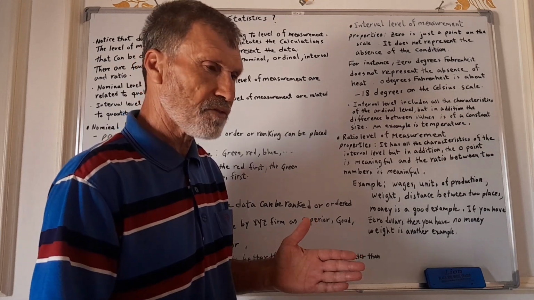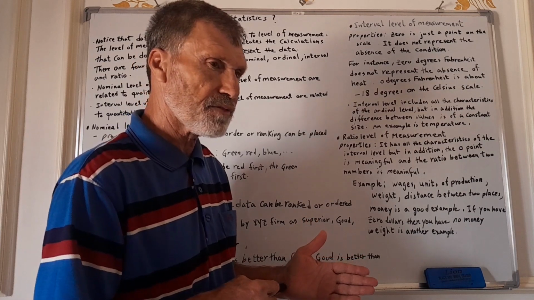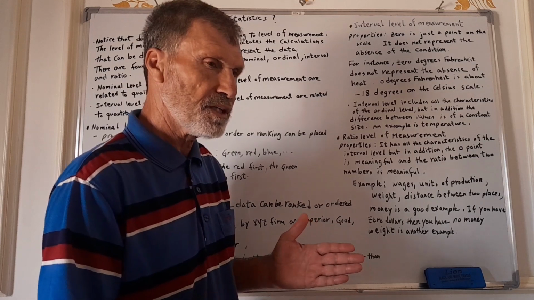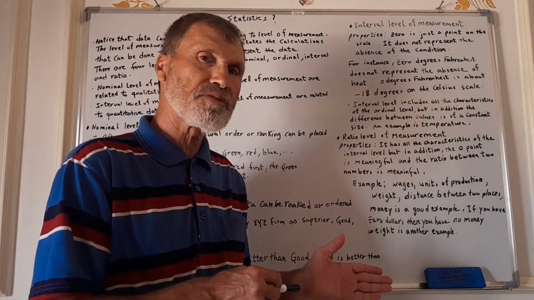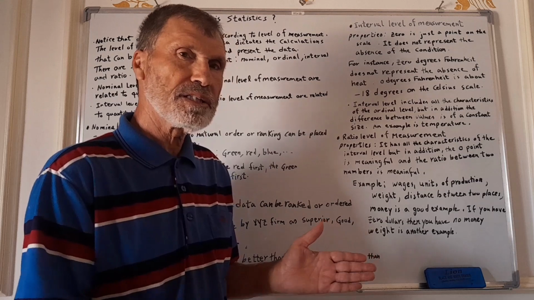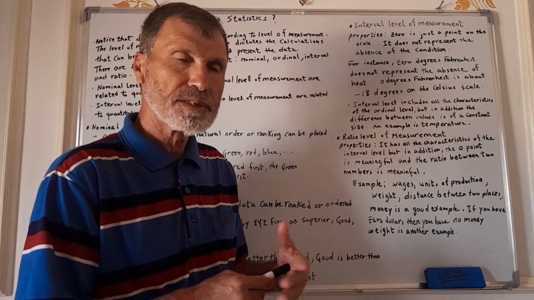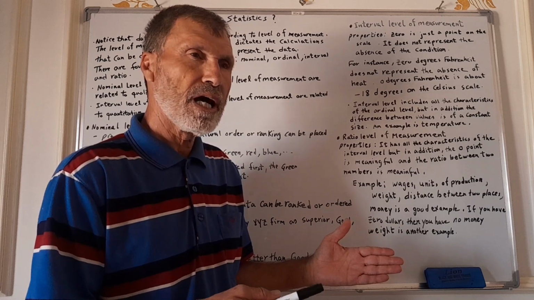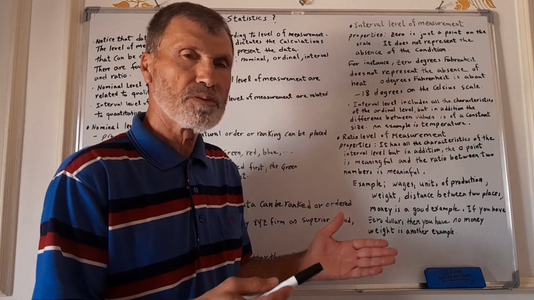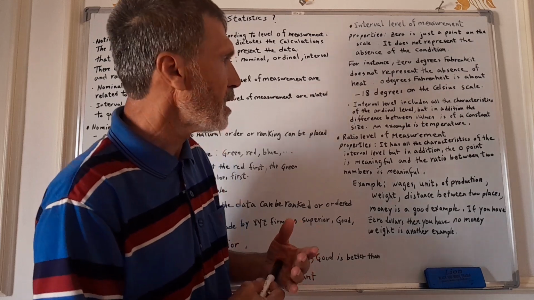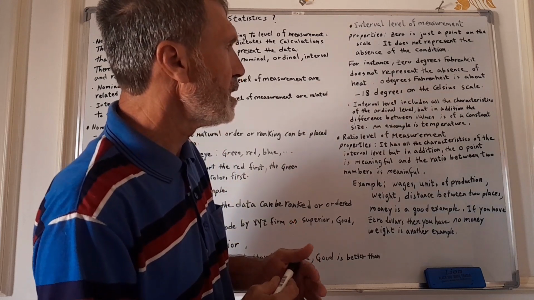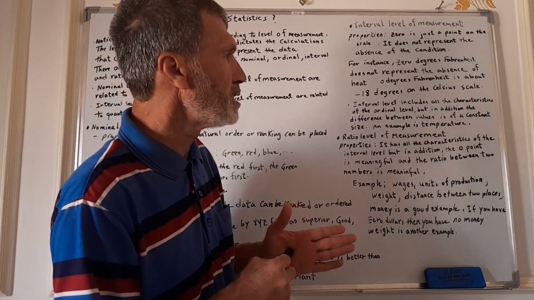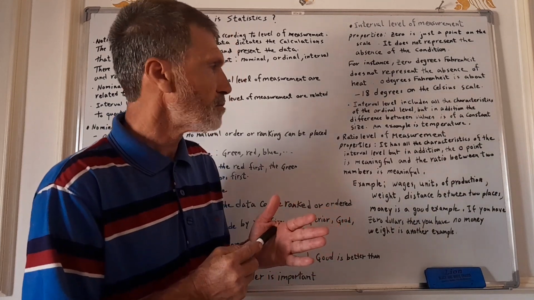For instance, the difference between 13 degrees Fahrenheit and 15 degrees Fahrenheit is 2 degrees. The difference between 25 degrees Fahrenheit and 23 degrees Fahrenheit is 2 degrees. So as you can see, the difference between values is of a constant size.